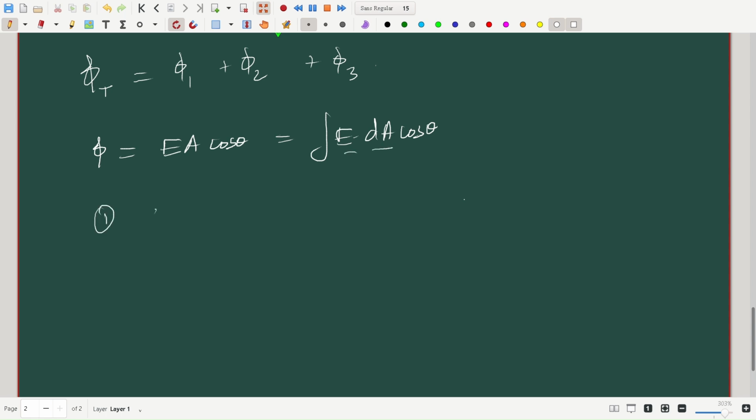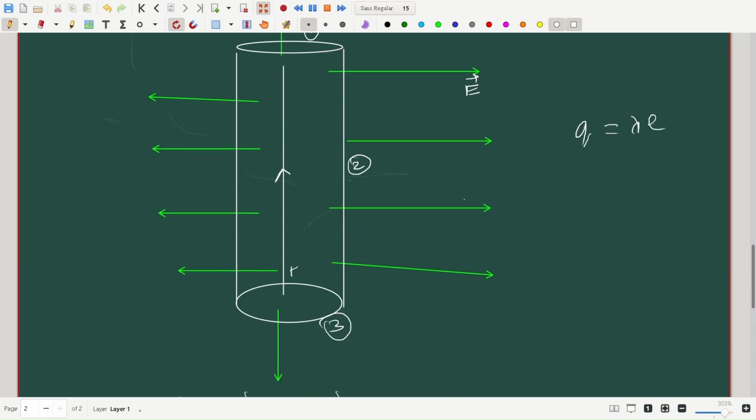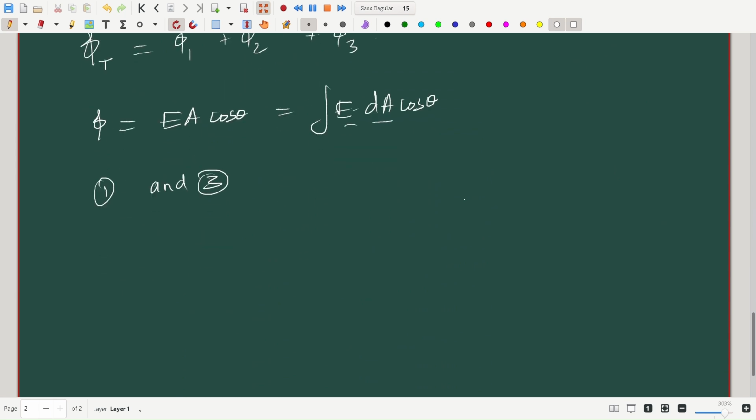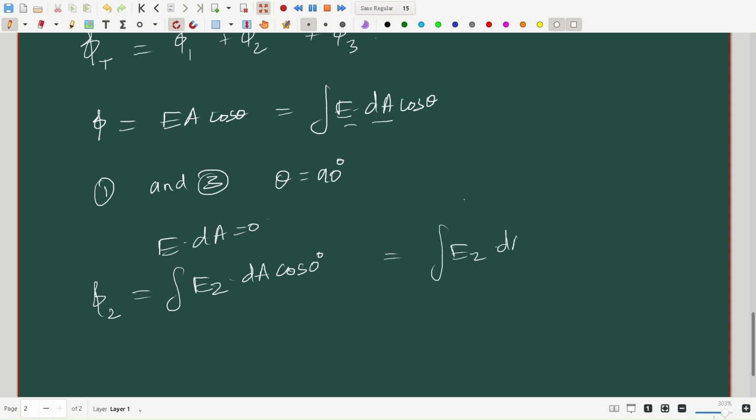In region 1 and 3, if you observe the figure closely, the angle between the electric field and the area is 90 degrees. They are perpendicular to each other. So E dot dA will be 0. So we only have to calculate the electric flux due to region 2, which is integral of E2 dot dA cos 0 degree, so it will be integral of E2 dA.